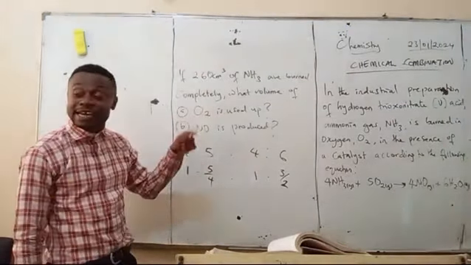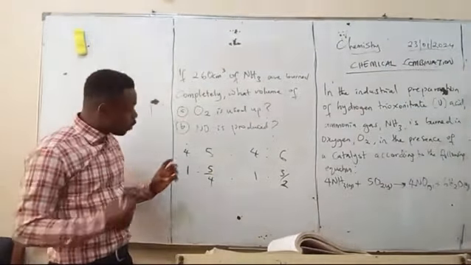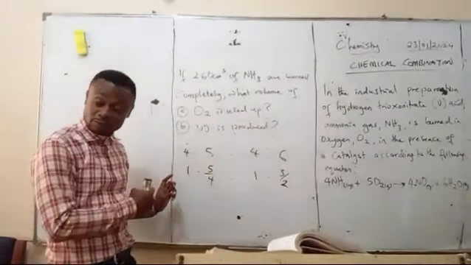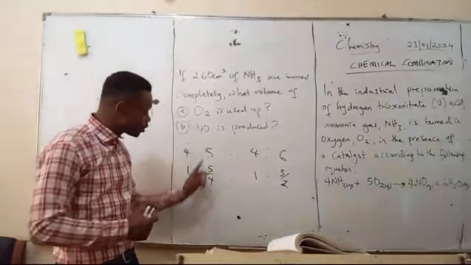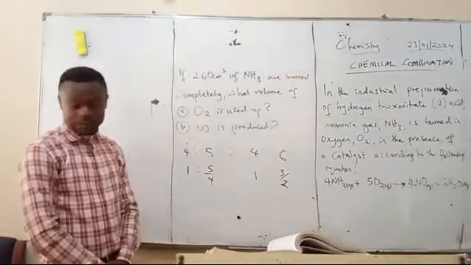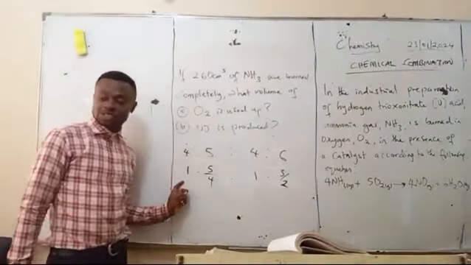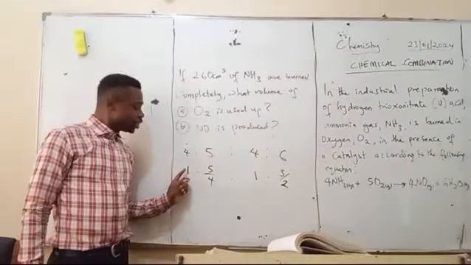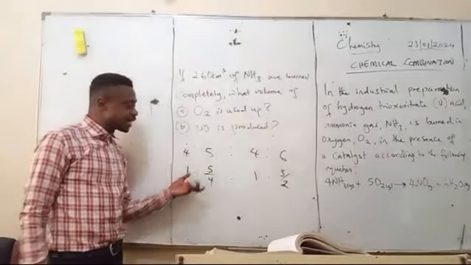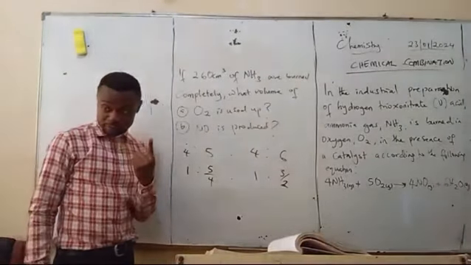The ratio of the moles of oxygen that will react with 1 mole of ammonia is 5 over 4. It cannot exceed that. But remember again, in this relationship, these moles are also taken as volume.